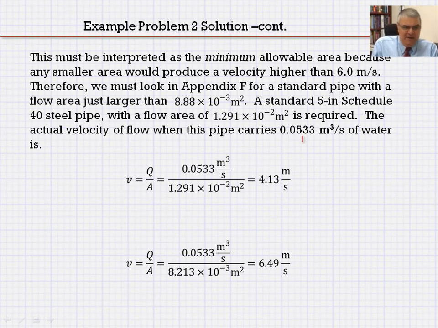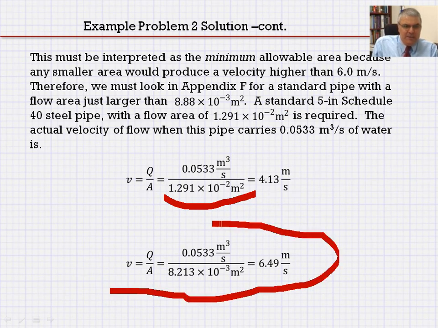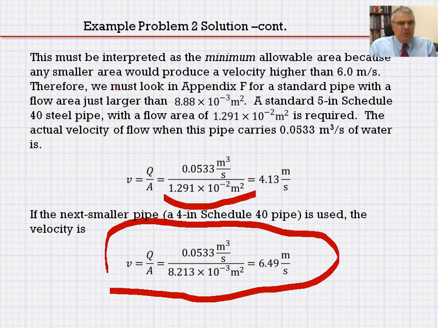So a standard 5-inch Schedule 40 steel pipe would apply. In that case, the flow area would be 1.291 times 10 to the minus 2 square meters, and the actual velocity, if we do the calculations now, according to that flow area, would be 6.49 meters per second. This is the actual velocity.